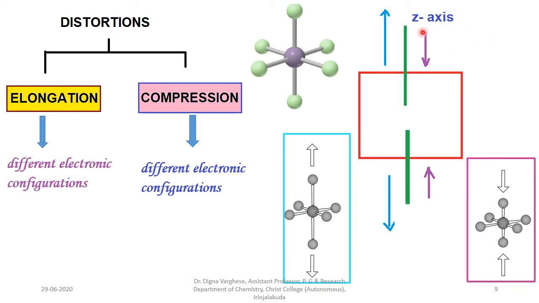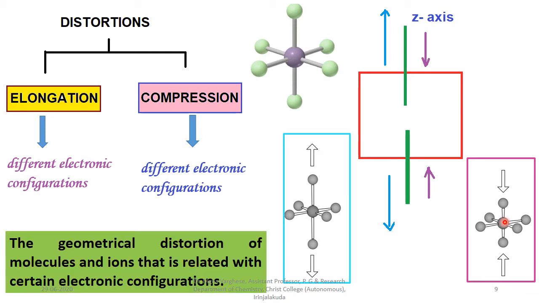When the ligands on the z-axis approach towards the central metal ion, there is a large repulsion between the metal and the ligand electrons. So this normally gives different electronic configurations. The geometrical distortion of molecules and ions is related with certain electronic configurations.